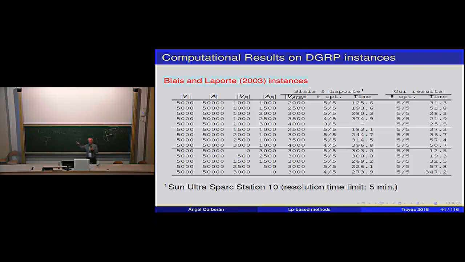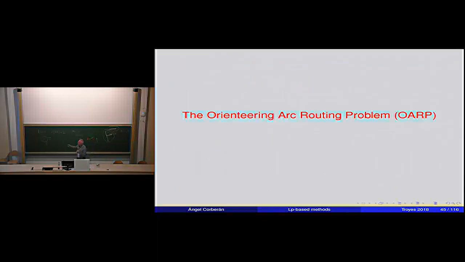The success of our algorithm, as I told you, is based on the families of valid inequalities we have found for the polyhedral description of the convex hull of our feasible solutions. So it's important to do that kind of study.